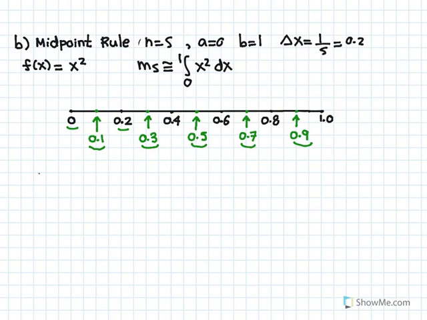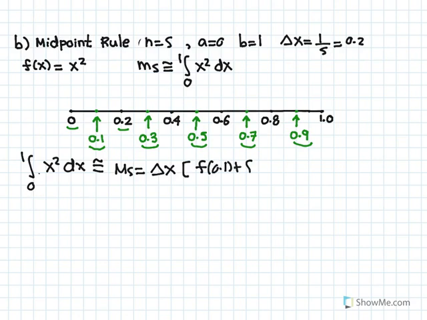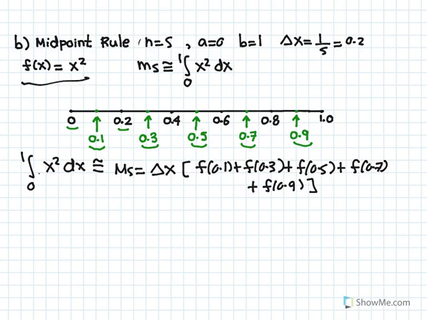So the integral from 0 to 1 of x squared dx is being approximated by the midpoint rule with 5 partitions. That's M5 is equal to delta x times f of 0.1 plus f of 0.3 plus f of 0.5 plus f of 0.7 plus f of 0.9. Now the function f of x is equal to x squared, so let's plug it in.